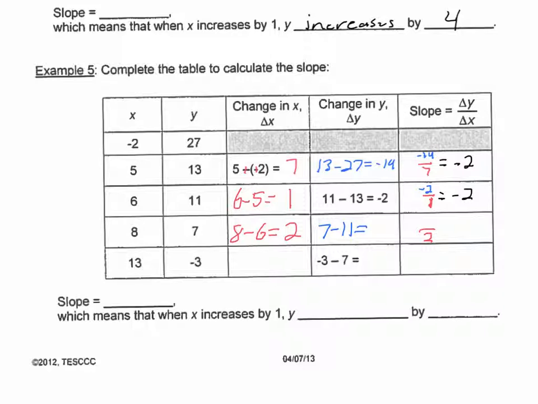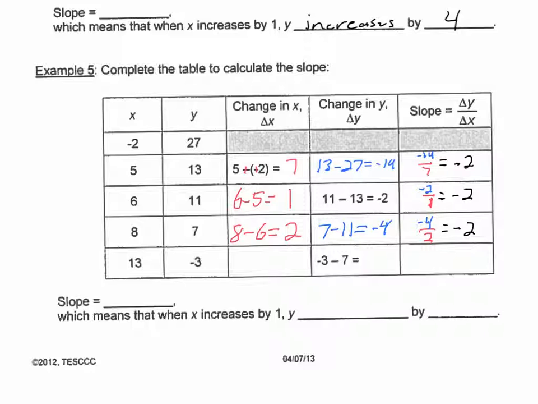We've got good guys and bad guys. We're going to have more bad guys than good guys, so it's a negative, and the difference between 11 and 7 is 4. So my top number of my slope is negative 4. Negative 4 divided by 2, if we simplify, makes a slope of negative 2.